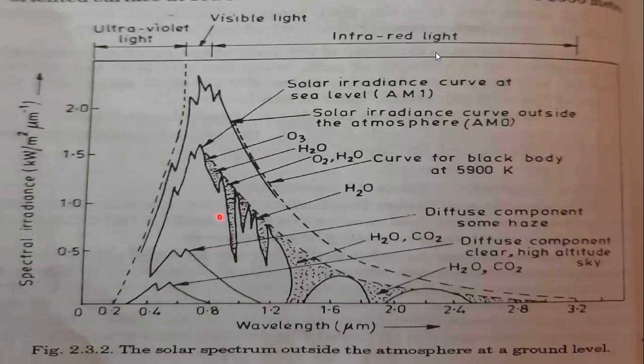This gives the transmission factor. For m equal to 1.0, the transmission factor is equal to 0.633. And for m equal to 5, at Earth's surface, that is sea level, the transmission factor is equal to 0.276.